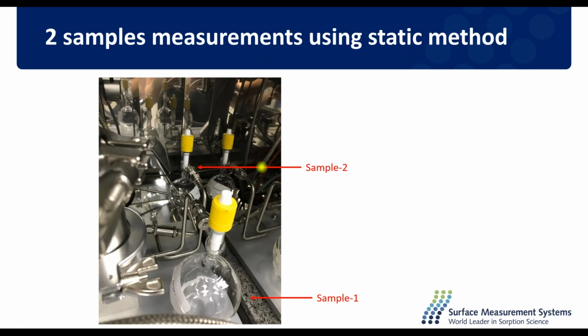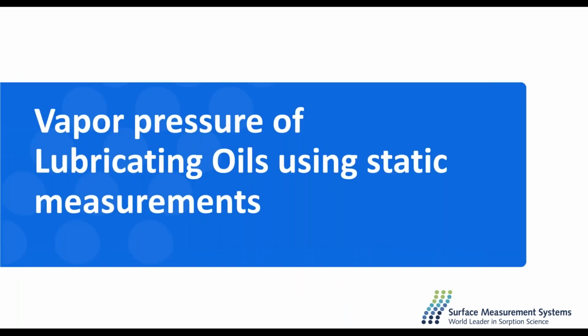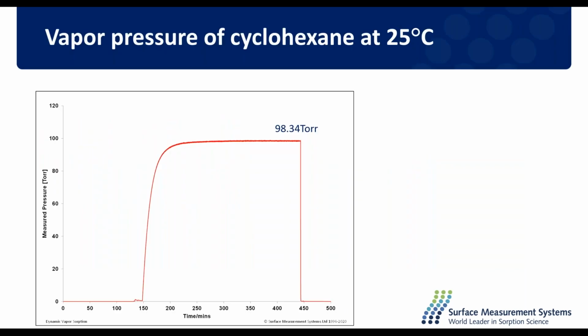This is how the setup looks, and these are two samples that are connected to a common line going forward over here. And a couple of examples of lubricating oil vapor pressures using these static measurements. So a couple of solvents. We've got cyclohexane.